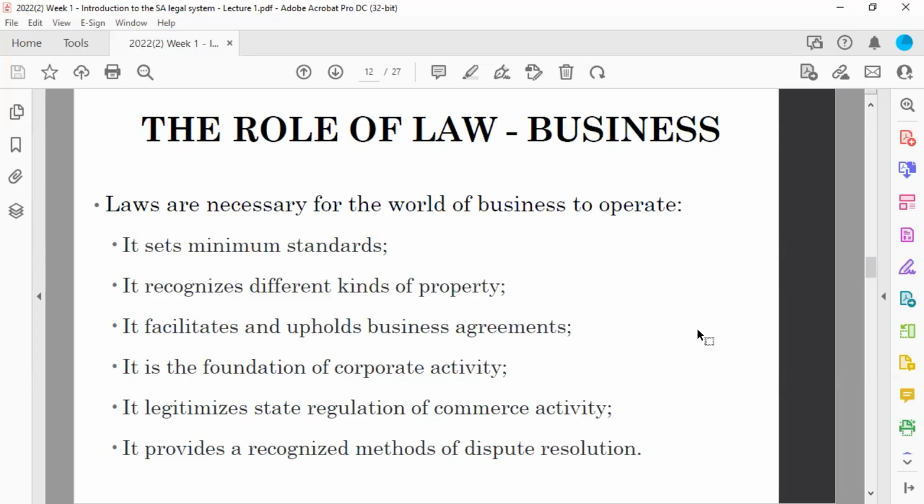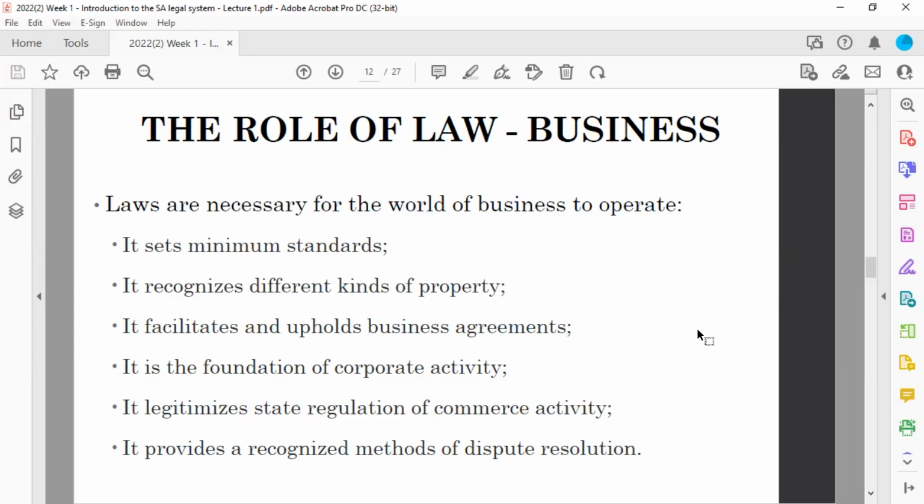That means those are persons created by law with certain rights and responsibilities. So the law regulates this business field with companies and close corporations, what they must do, what they can't do, the King reports, etc.